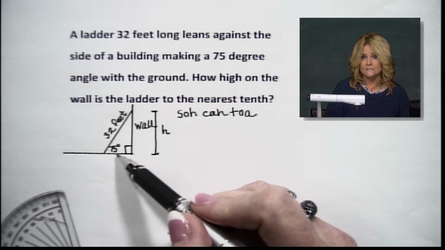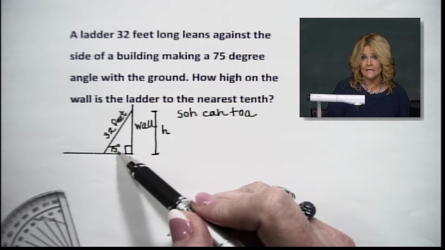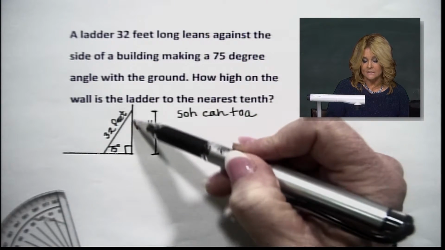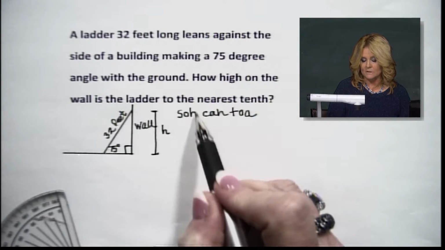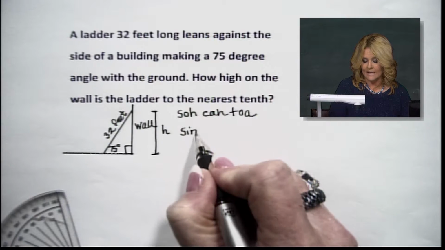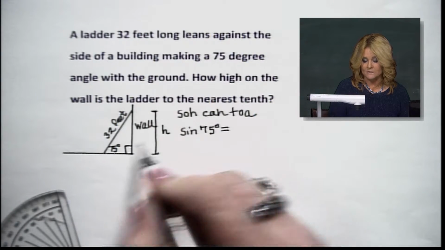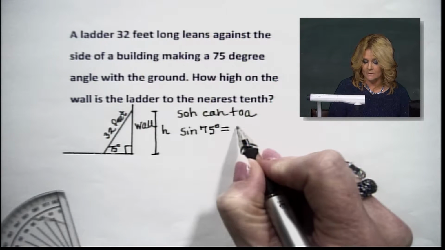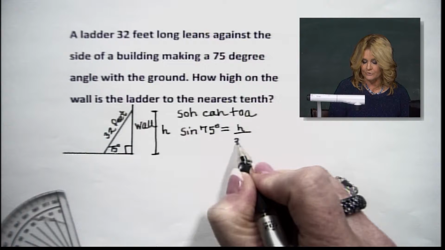For this angle, I'm looking for the side that is opposite, and I know something about the hypotenuse. So I'm going to make use of the sine, because the sine of 75 degrees would have to equal the side that is opposite, which I'm going to call H, divided by the hypotenuse, which is 32.